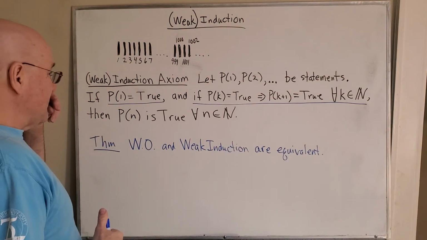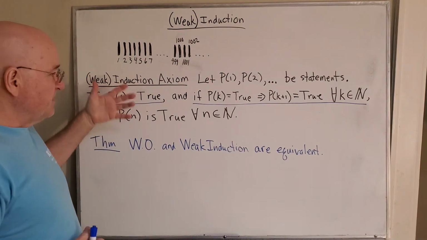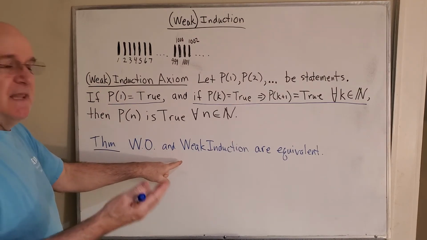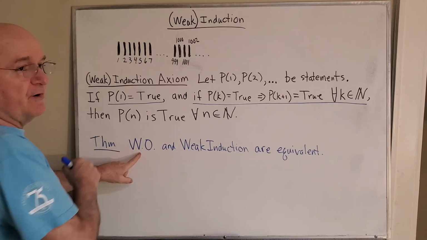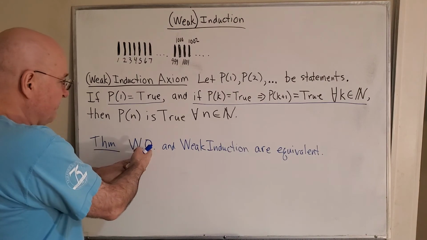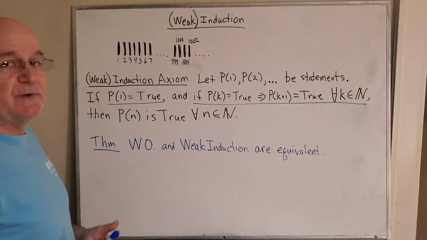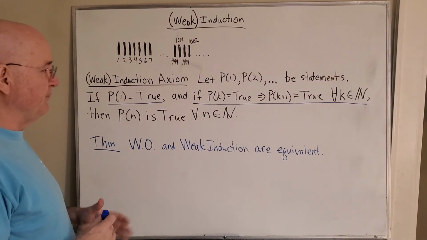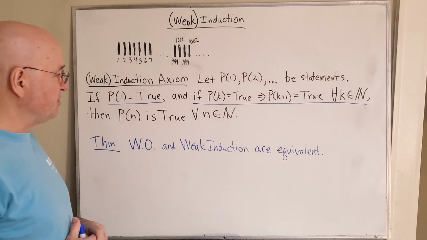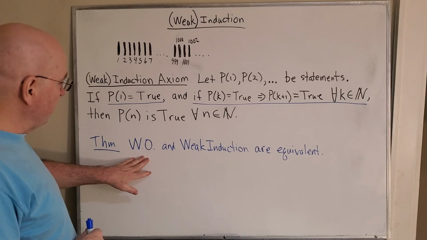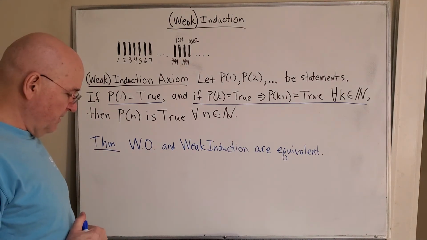All that means is that if weak induction works, that implies the well-ordering principle is true. If the well-ordering principle is true, that implies weak induction is true. So they're just two equivalent statements, and it's not a difficult proof, but I'm not going to spend the time to show the proof that the well-ordering principle and weak induction are equivalent.